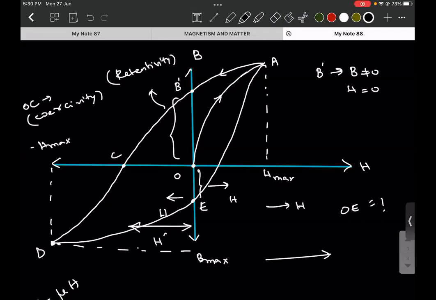So the reverse amount of magnetizing field that you need to apply to make sure that the ferromagnetic substance is completely demagnetized. I'll give you the definition first. Listen to this and understand the concept. Reverse value of magnetizing field that we need to apply so that the material loses its magnetic property. Means it should become a completely demagnetized material.